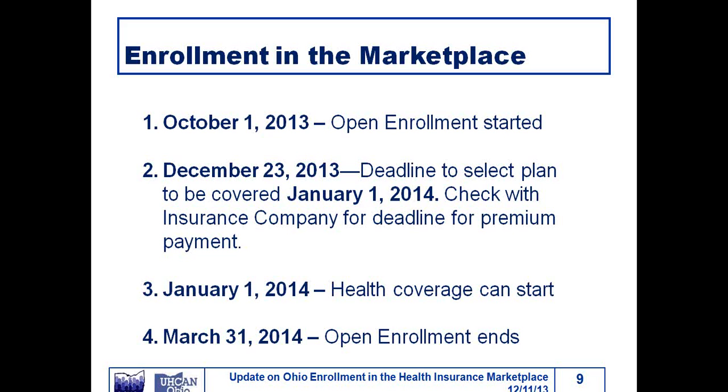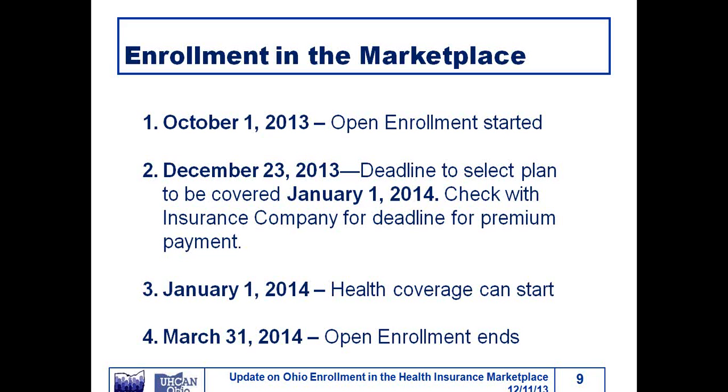So now I'd like to go over important deadlines. October 1st is the day that open enrollment started. The deadline for enrolling in order to get insurance on January 1 has been changed to December 23rd.